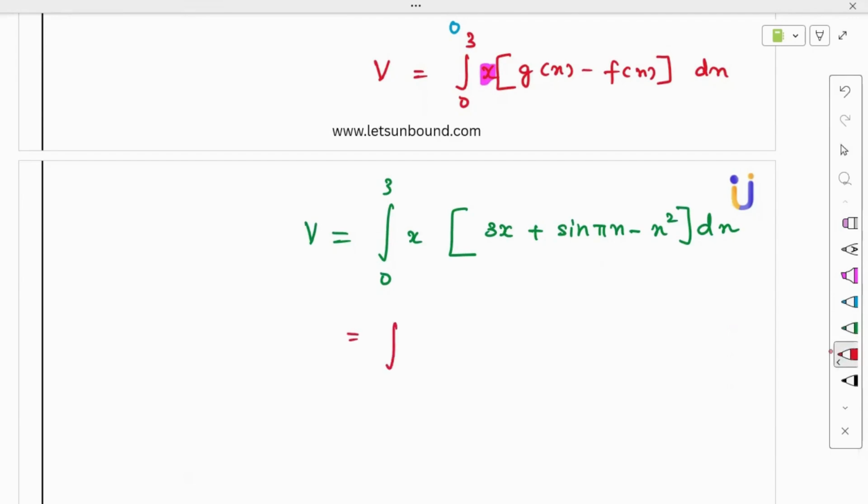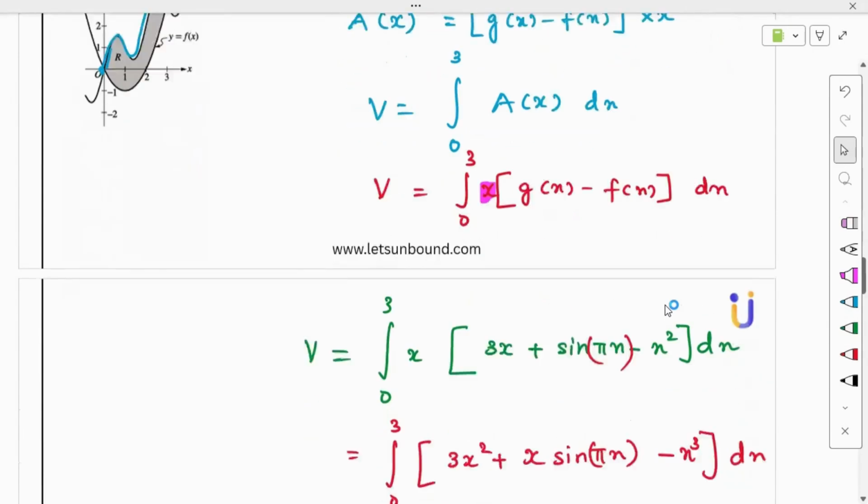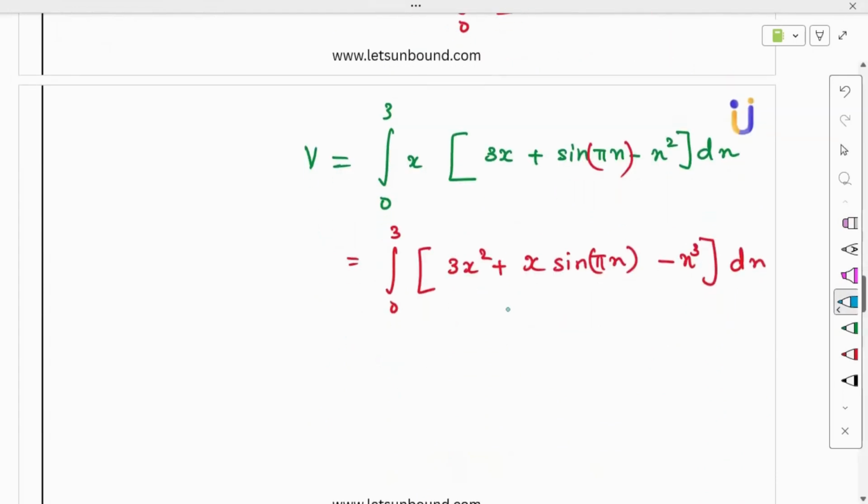Which is equal to integral 0 to 3 of 3x square plus x sine pi x. Don't put sine pi x square, okay? So x sine pi x minus x cube dx. And the rest we can do with the calculator now. So this is the way you have to show and set up the calculation. This shows that you know the concept. You know how to solve this particular problem in a systematic way, right? And we are moving to the calculator now.